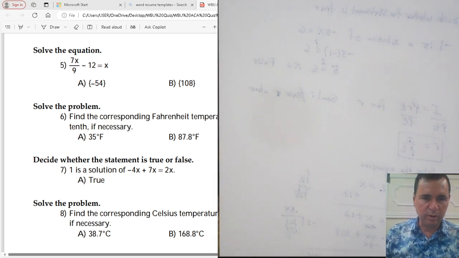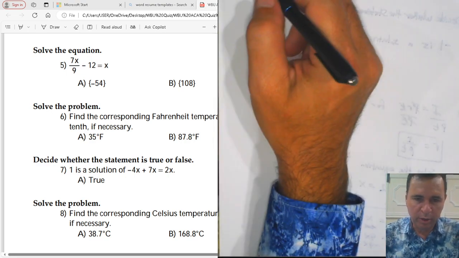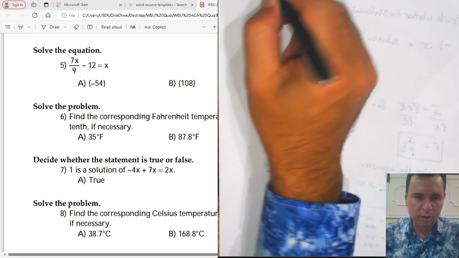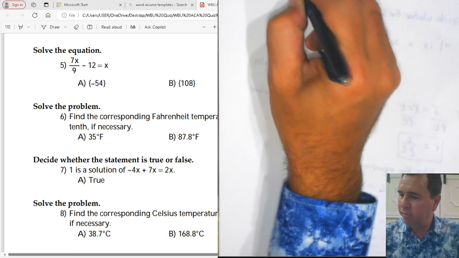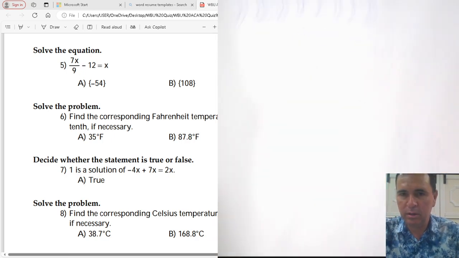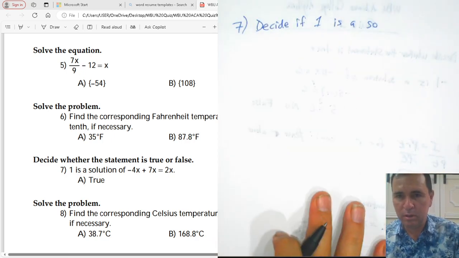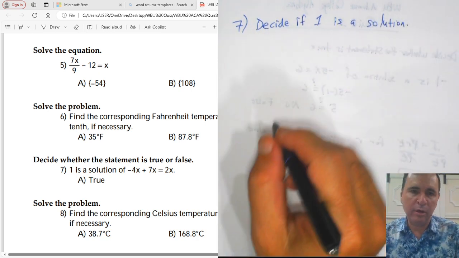Let me go ahead and look at it. It says decide whether 1 is a solution. So all you got to do is plug it in, right?